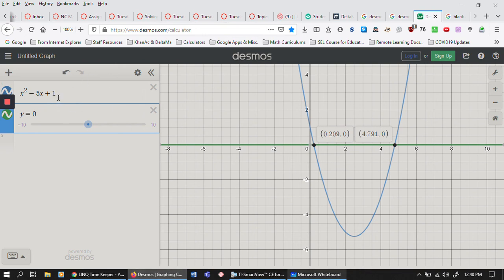It should be fairly simple for you to graph a quadratic equation using Desmos, and for this particular lesson, that's really all I'm requiring you to do. And you can look at that and identify what those x-intercepts are on this quadratic graph. Alright? And so I do hope that you've gotten something out of this lesson.